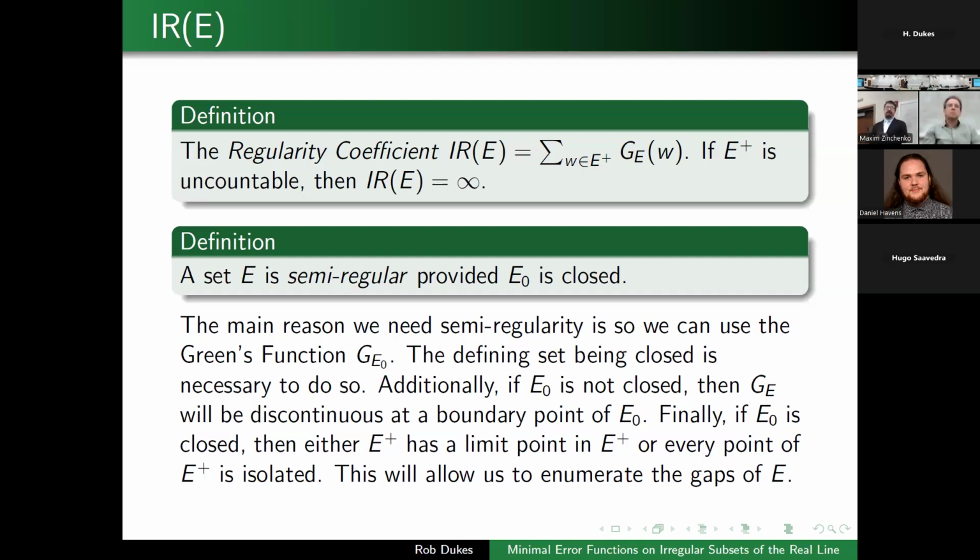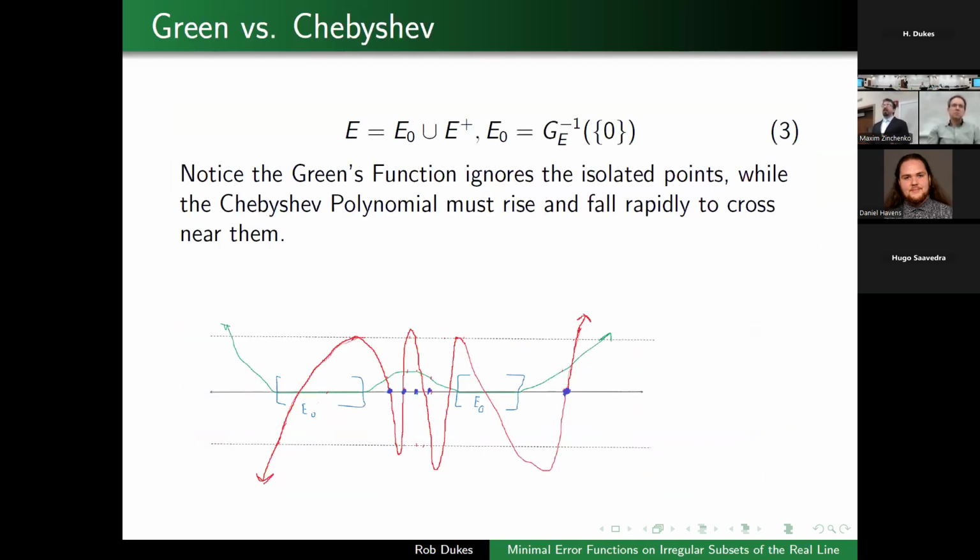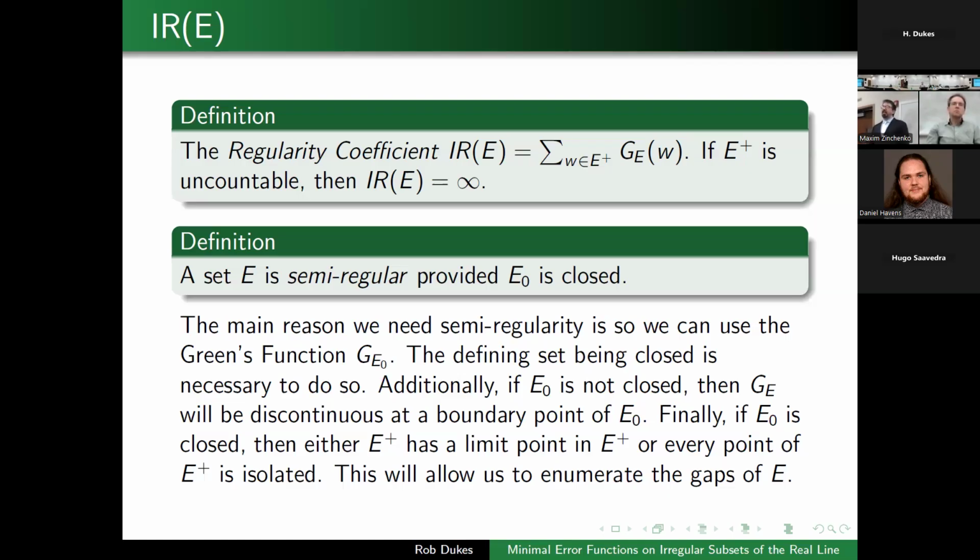There are other cases where that's not needed, but for the moment, we're not there yet. So keep this in mind for the rest of this. We're dealing with E naught closed and E plus is, generally speaking, a scattering of isolated points most of the time.